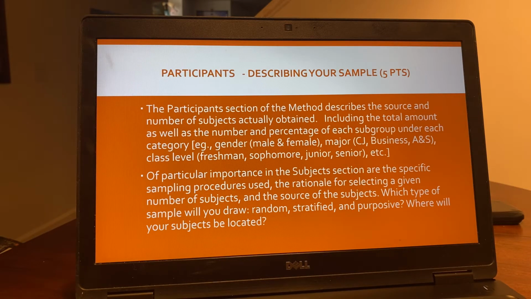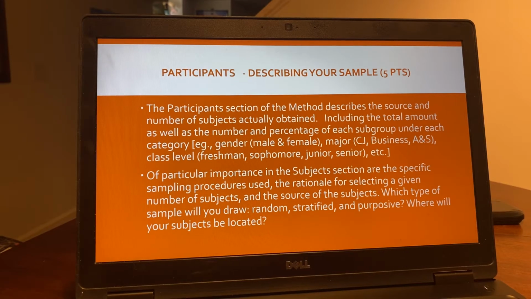Although we believe that if you use a random sample, you are able to generalize your result to the population, still, more or less, you will have some bias. So it's important to report your participants.